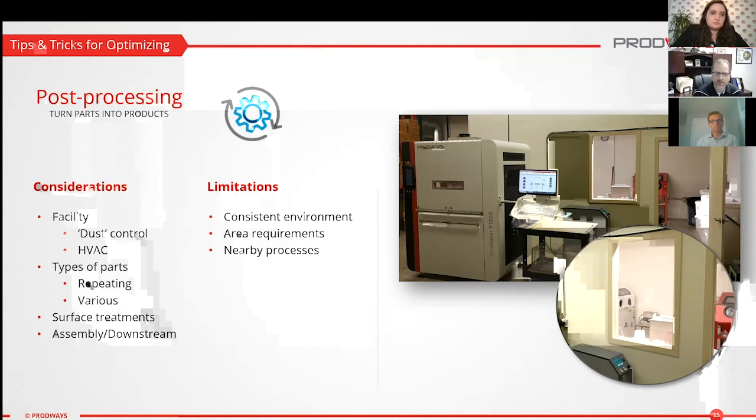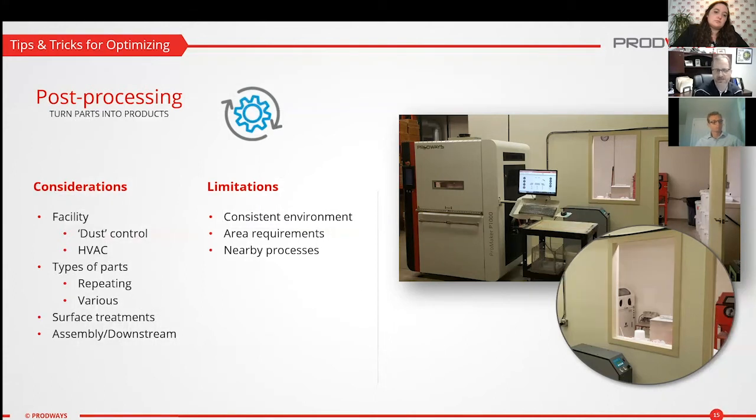As we move over to limitations, again, a consistent environment. This technology wants to be run in a consistent environment. Whether the season changes wherever you're located, from cold winters to hot summers, the environment needs to be consistent.